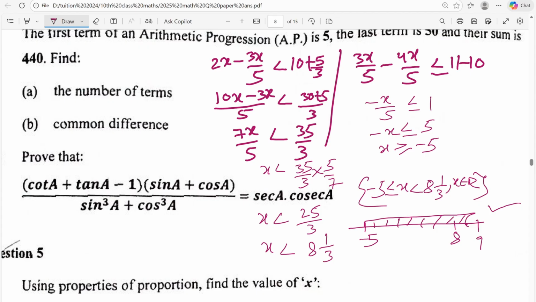You can write it like this also. This is minus 5, this is 8 and this is 9, and this is 8 whole 1 by 3. Bold this one, since minus 5 is included, and this is an oval shape. Now highlight this one. This is the answer.